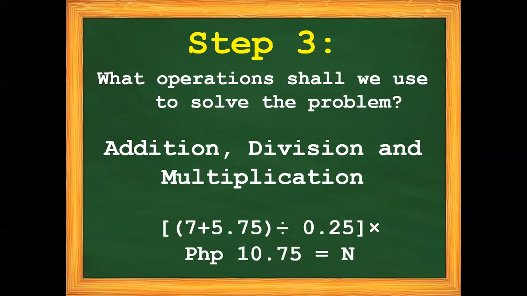So first, we have to add 7 plus 5 and 75 hundredths. Then after that, we are going to divide the sum by 25 hundredths. And finally, we are going to multiply the quotient by 10 pesos and 75 centavos to get the final answer.